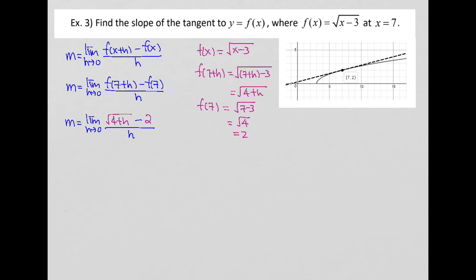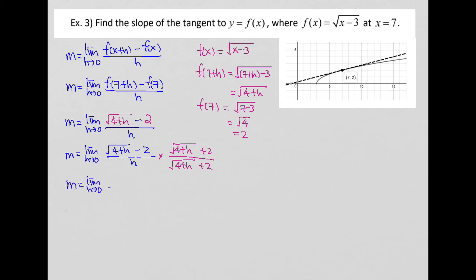At this time, we know in order to simplify this, we have to multiply by its conjugate. So what will be the conjugate? The conjugate will be the square root of 4 plus h plus 2. But if we do this on the numerator, we have to do the same thing to the denominator. And next, we are going to expand it.